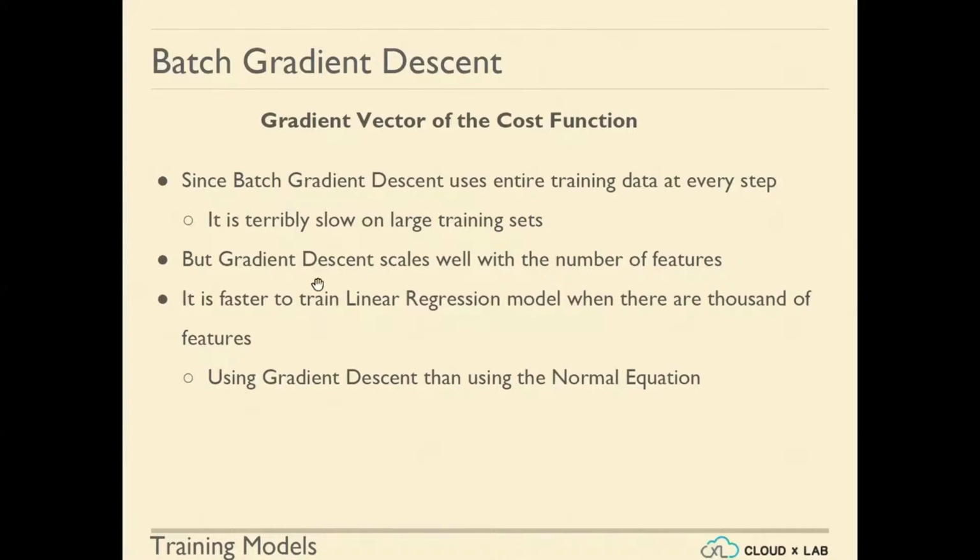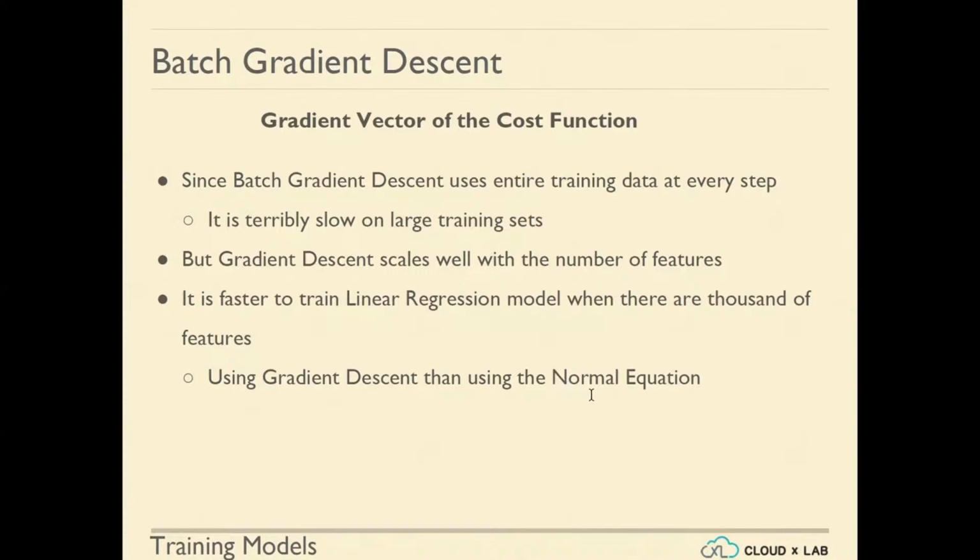And we already discussed this solution, normal equations, right? We can use the normal equation to solve the linear regression problem. There we discussed that if we have thousands of features, then we cannot use it.